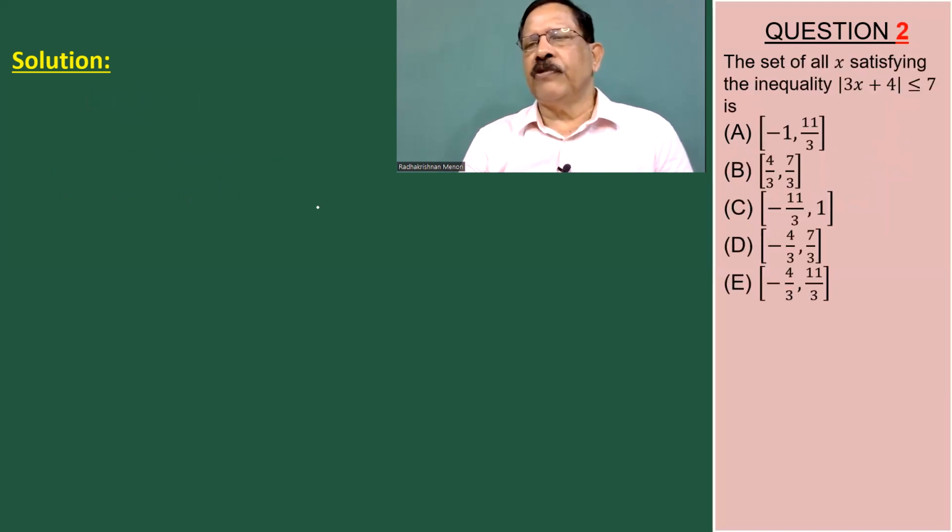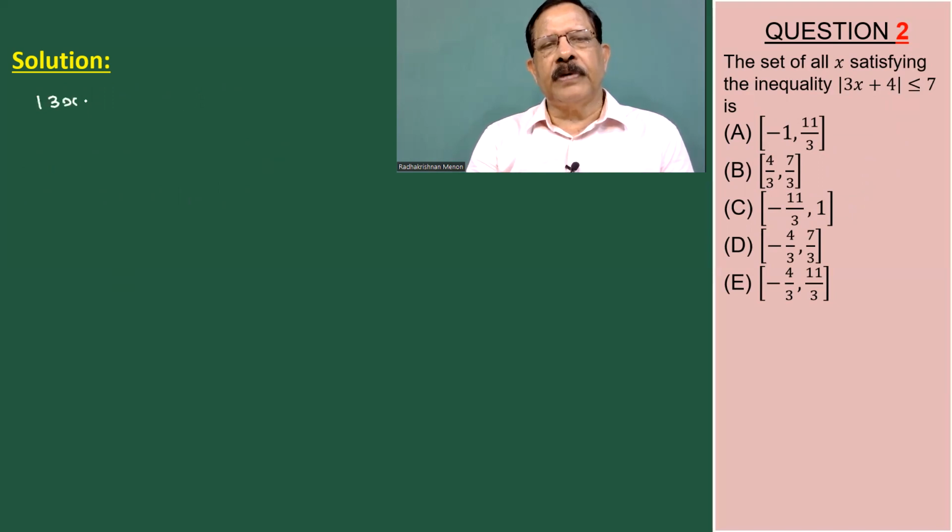|3x + 4| ≤ 7. We have to find out the solution. By using the property of inequality in modulus, when we are simplifying this inequality, it should be -7 ≤ 3x + 4 ≤ 7.